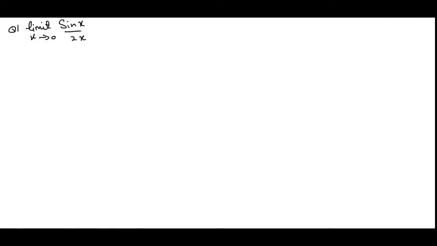Again, in this we have to check the existence of the limit, which means we are going to put the value of x in the given function. So we have sine 0, applying the limit to 0. Now the value of sine 0 is 0 and divided by 0.